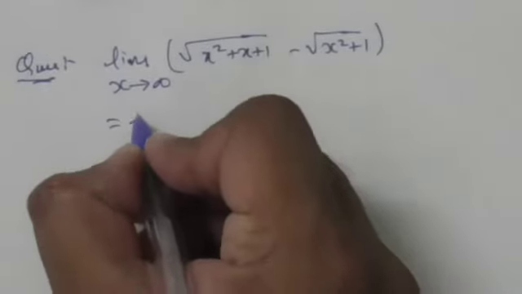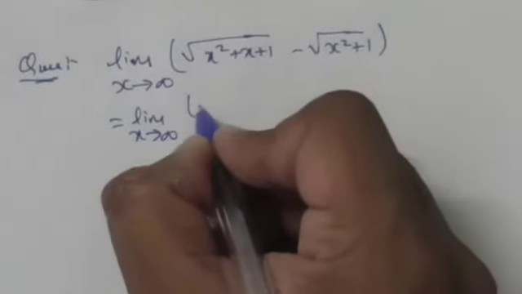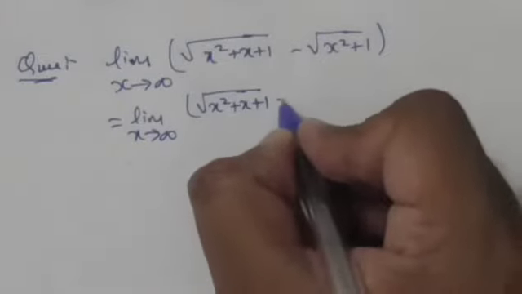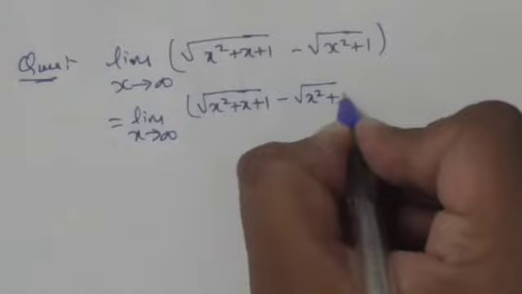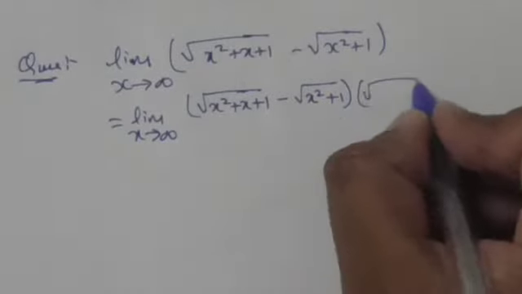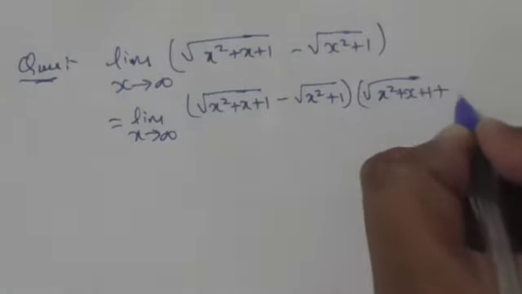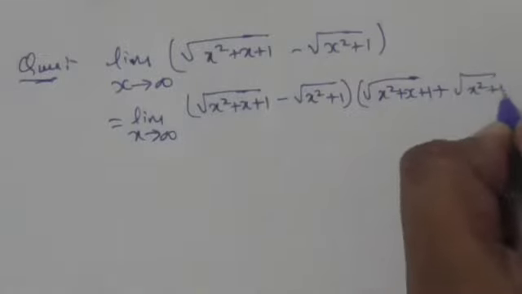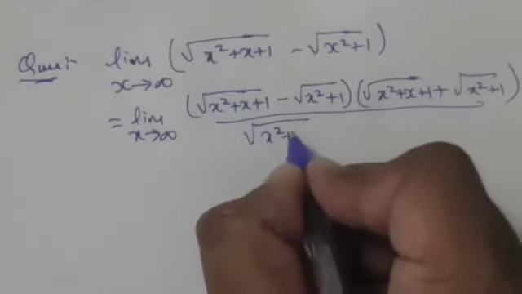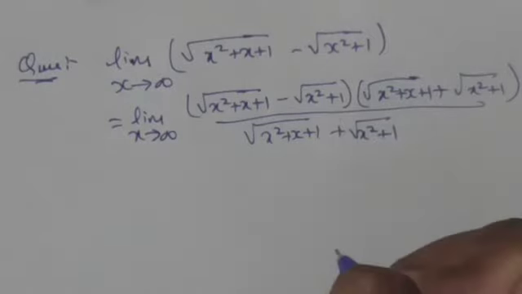It will be equal to limit x tends to infinity root x square plus x plus 1 minus root x square plus 1 into root x square plus x plus 1 plus root x square plus 1 upon root x square plus x plus 1 plus root x square plus 1.